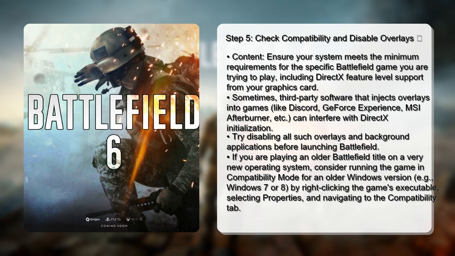Try disabling all such overlays and background applications before launching Battlefield. If you are playing an older Battlefield title on a very new operating system, consider running the game in compatibility mode for an older Windows version, such as Windows 8, by right-clicking the game's executable, selecting Properties, and navigating to the Compatibility tab.